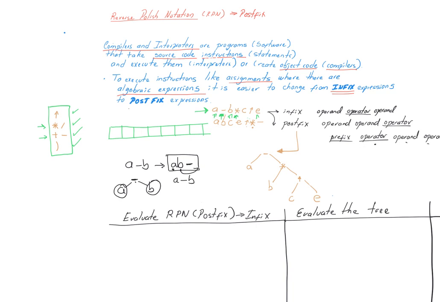Well, in a binary tree, these are called nodes, right? And these are called leaf nodes because it's a tree. So the ones you have on the branches are the leaves. This is a leaf.